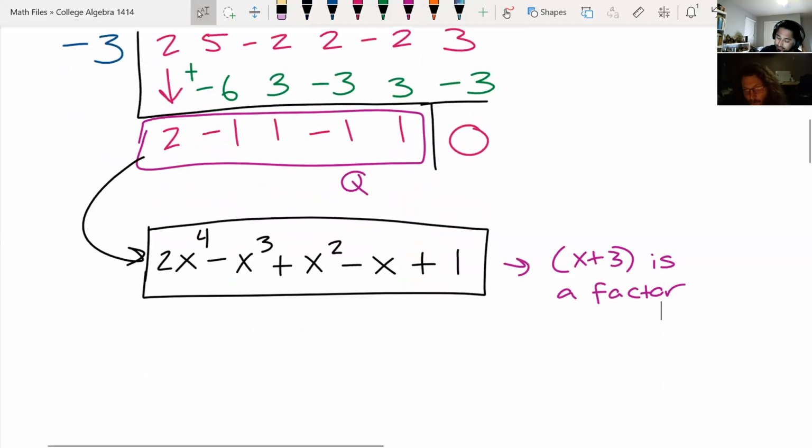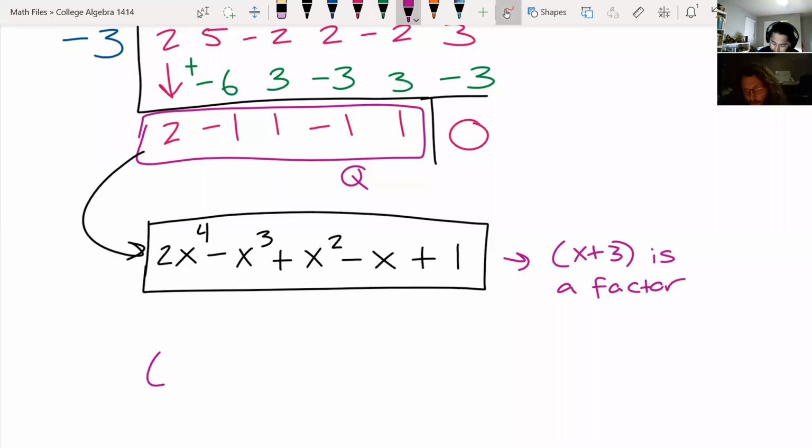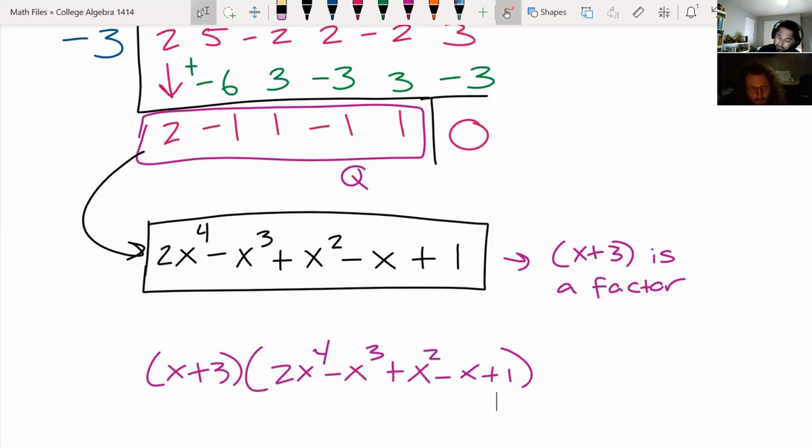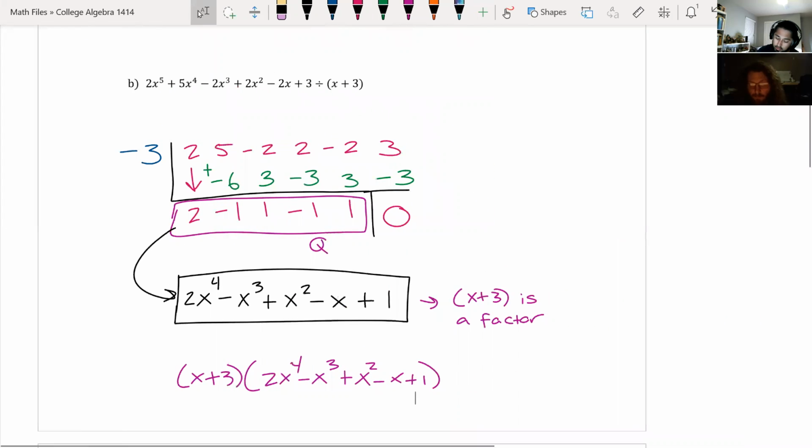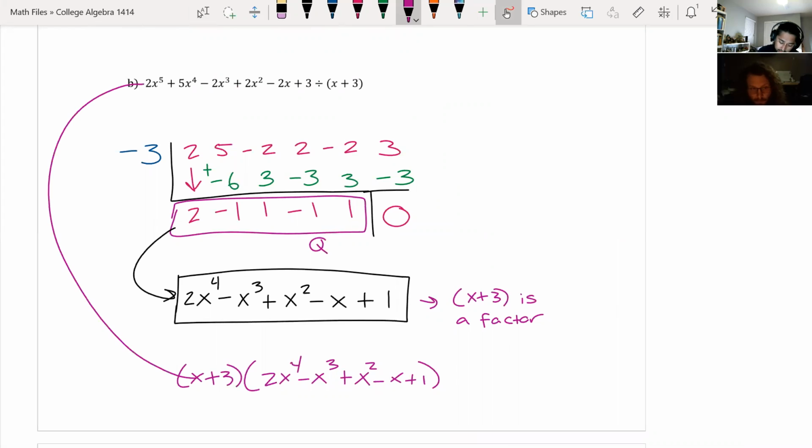And to go into more depth, if I multiplied x plus 3 by our quotient and simplified, we would be back at the original dividend. Crazy, right?